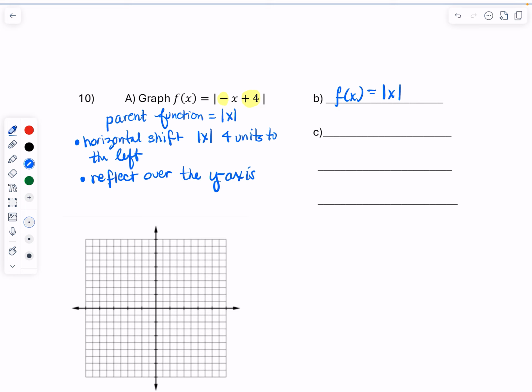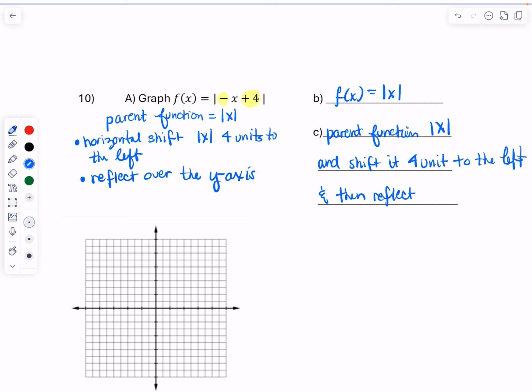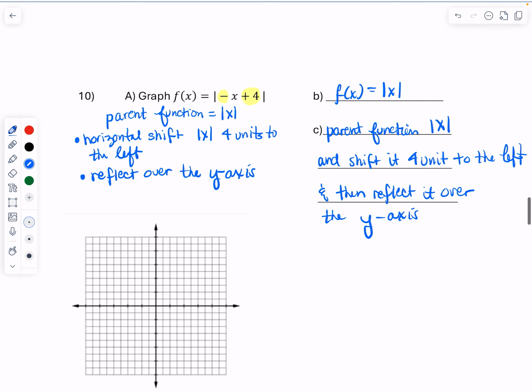So I'm going to take the parent function, absolute value of x, and shift it 4 units to the left, and then reflect it over the y-axis. Okay, so let's do that.